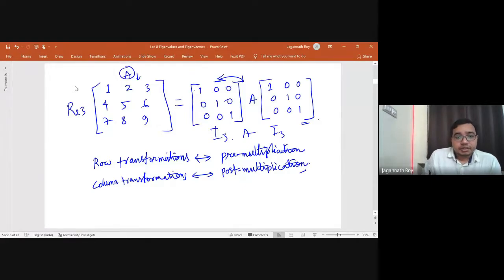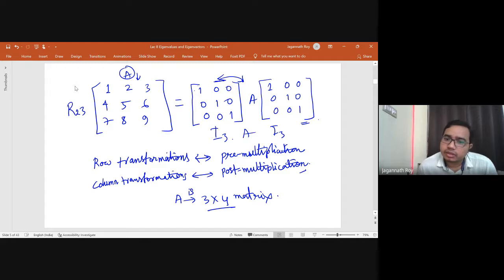Now question is, if A is a 3 by 4 matrix, then what will happen? Then again we have seen that A will be written as I3 A times I4, because the right hand side we have to match the order of the matrix, the dimension of the matrix.